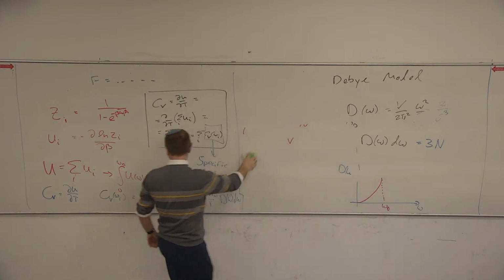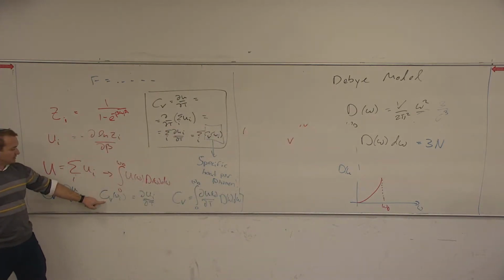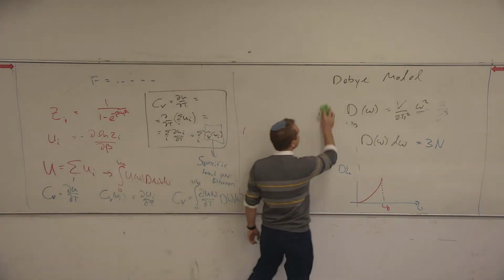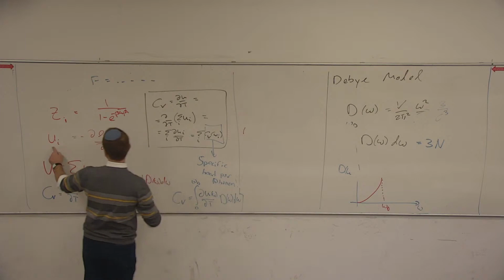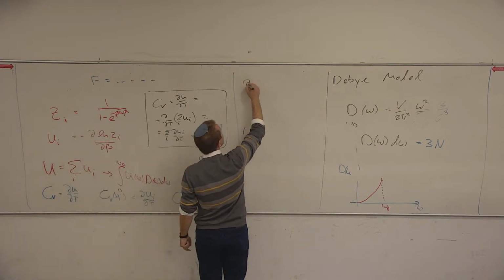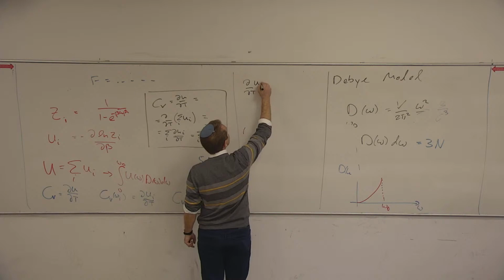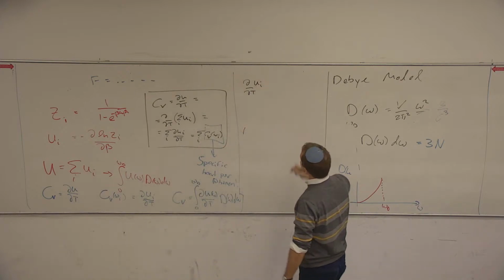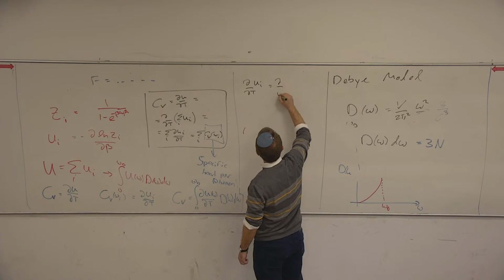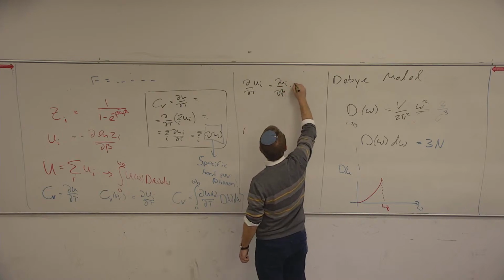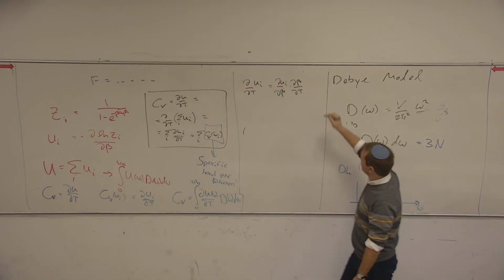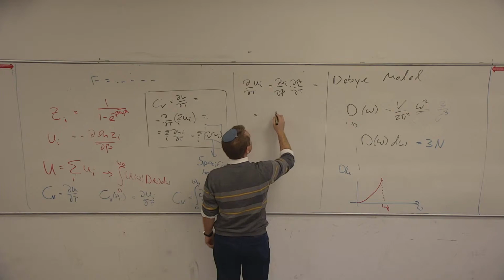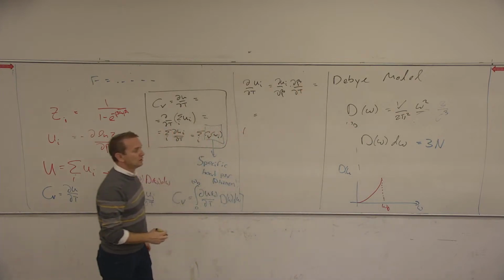So what is left is just to compute this C over omega i. So we need to calculate, see, this is ui. We need to calculate d to dt of ui, right? Which is, let's call it, d to d beta of ui multiplied by d beta to dt. d beta to dt is what?